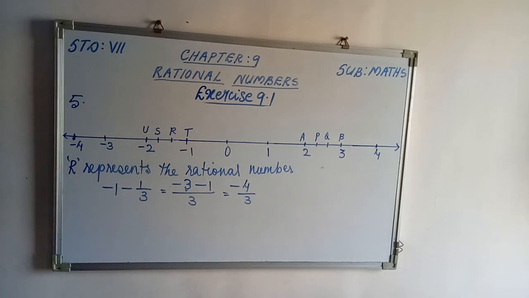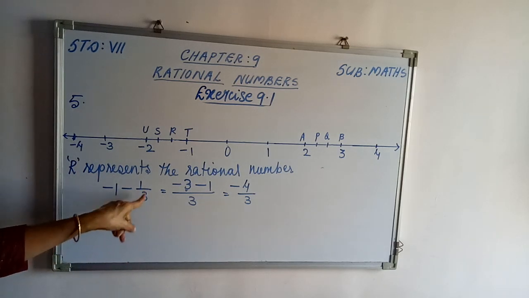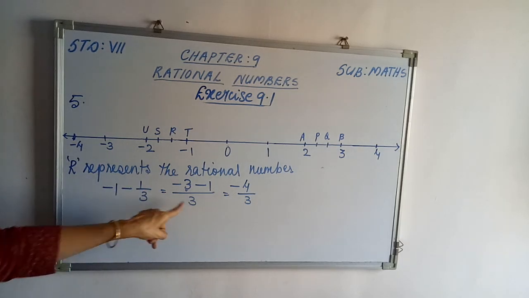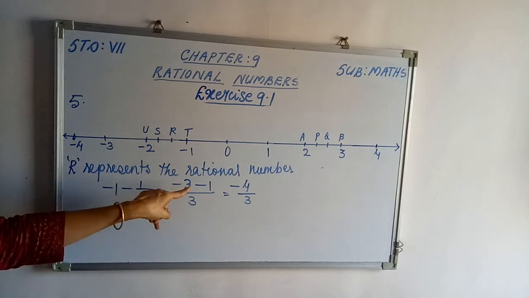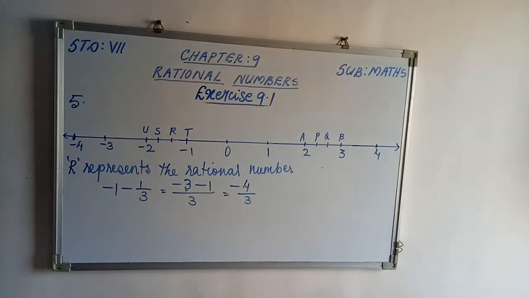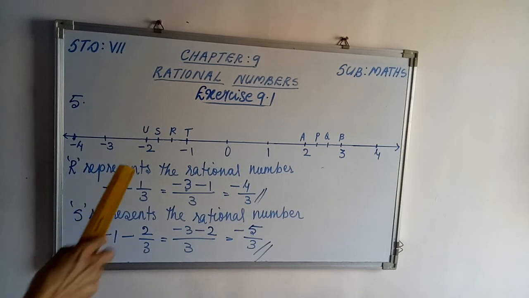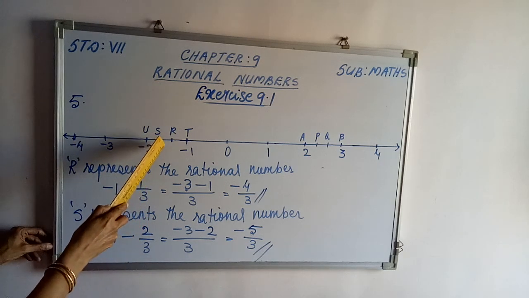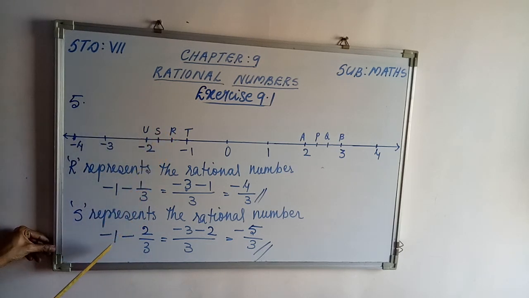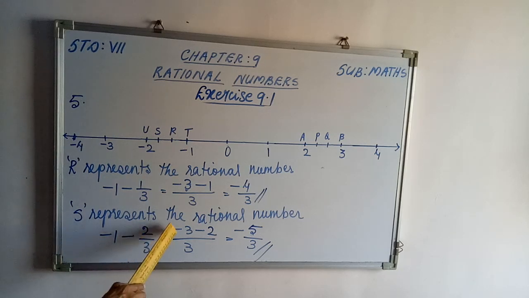As it is to the left of 0. So -1 minus 1 upon 3, 3 common denominator, -3 minus 1, that is -4 upon 3. Next, S. So we can write S represents the rational number. S is the second part out of 3. So -1 minus 2 upon 3. That's equal to -3 minus 2 upon 3, that is -5 upon 3.